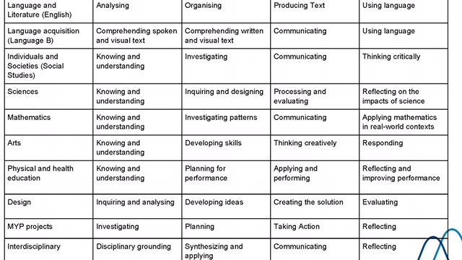The alignment of all subject areas, you can see that the A is all very similar for all subject areas. The B is all similar, C is all similar, D is all similar. So using language, thinking critically for D, reflecting, they're all connected, which makes the alignment a lot easier for students and teachers to go from subject to subject and understand all the criterion that they have in those subject areas.